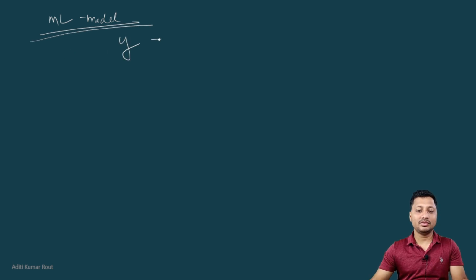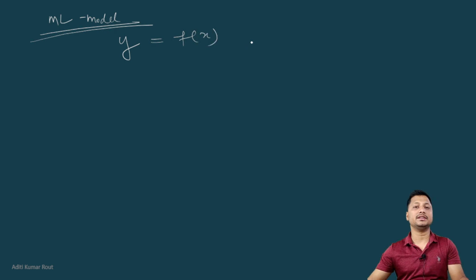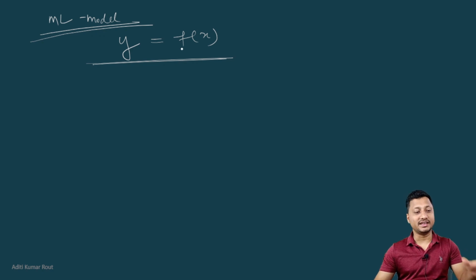So let's summarize in a pictorial manner here. If I am talking about a machine learning model, then again this is y equal to f of x. I already discussed it multiple times earlier. Here we are trying to fit an equation, or find a function, which will represent the entire data available in a generic way, in a generalization manner, so that tomorrow when any new instance is coming, we can easily define which type of thing it is.